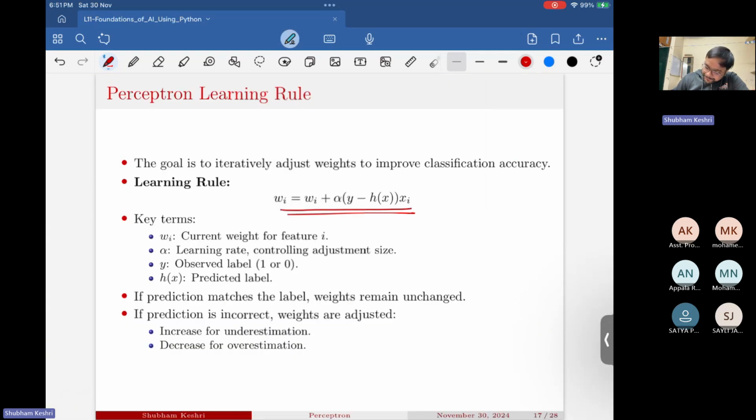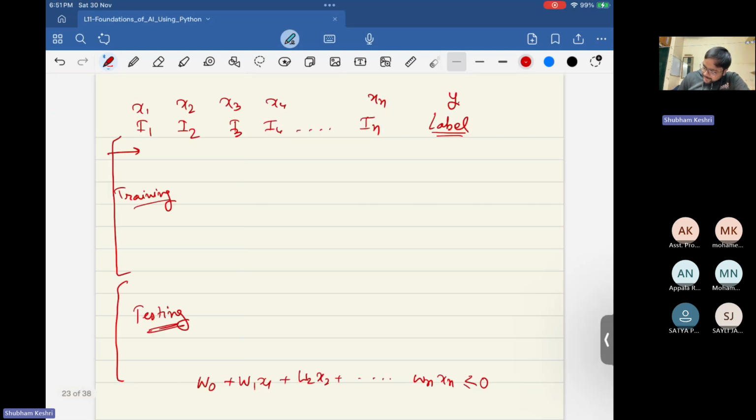When I have written i, it should be subscript i, superscript i. I'll tell you what superscript is. Initially I am starting from 0, so in the 0th iteration I am starting. Now for the first iteration I will use the first row.